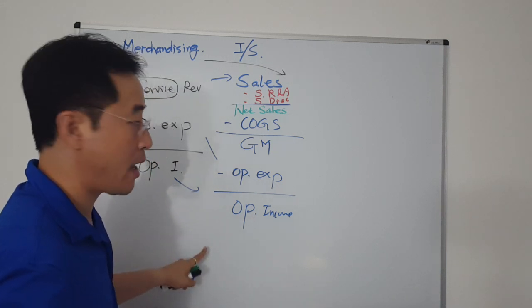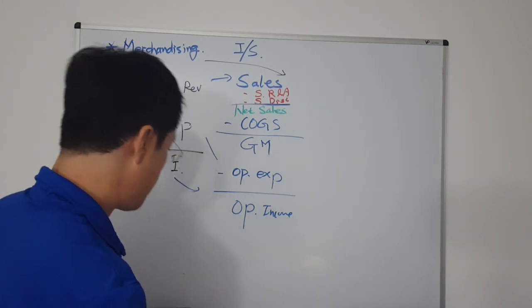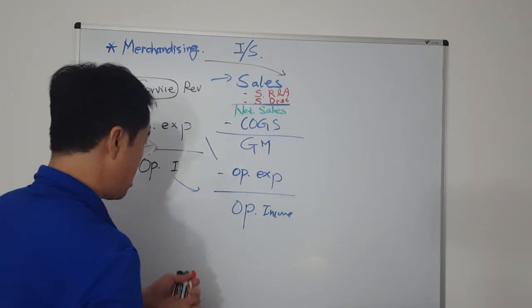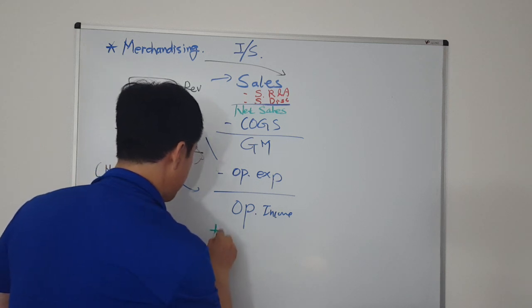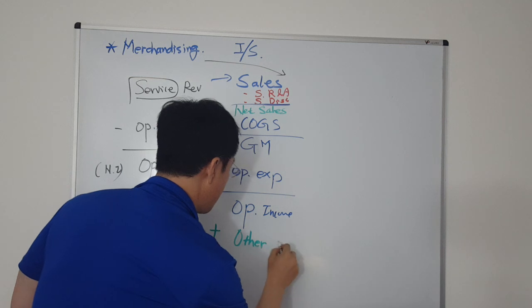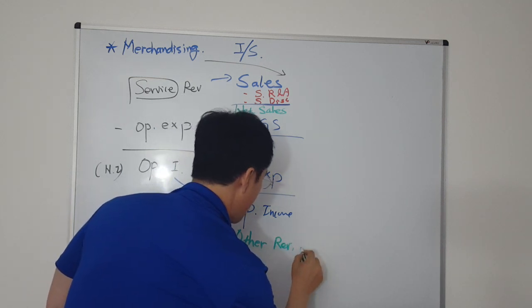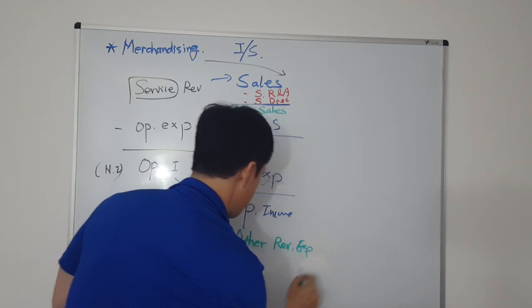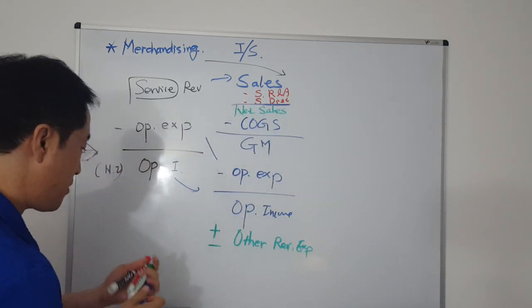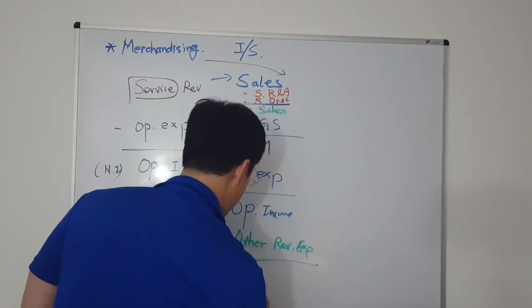Then I'm going to add up one more after operating income, which is other revenue or expenses. Then finally we're gonna get the profit.